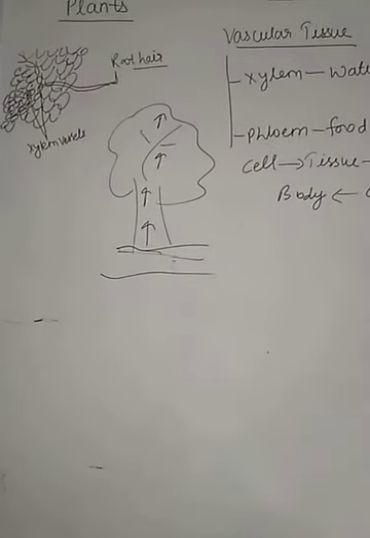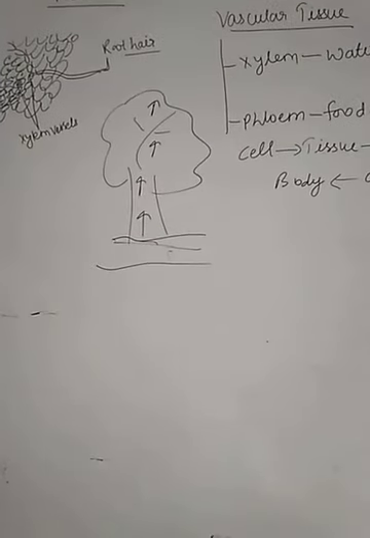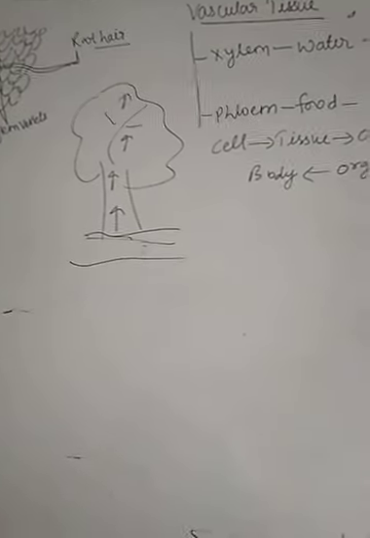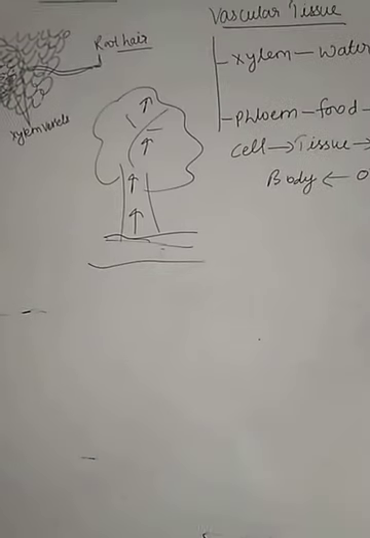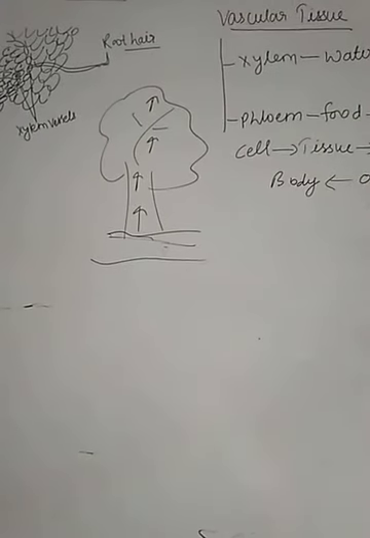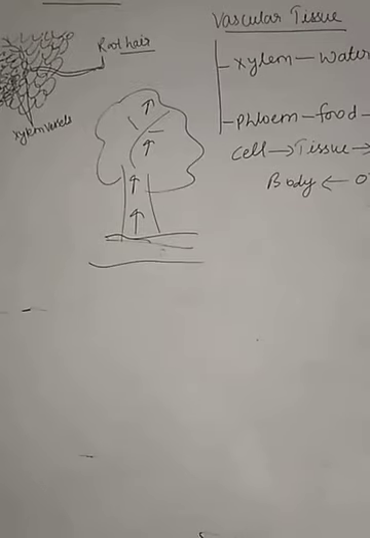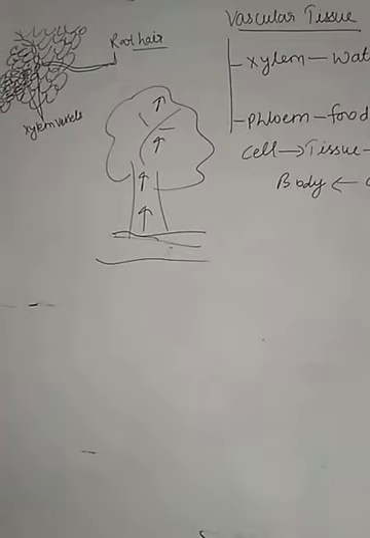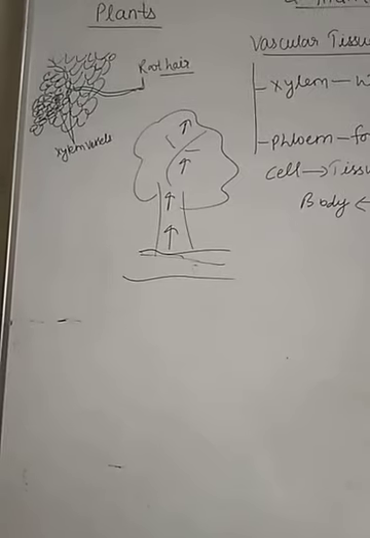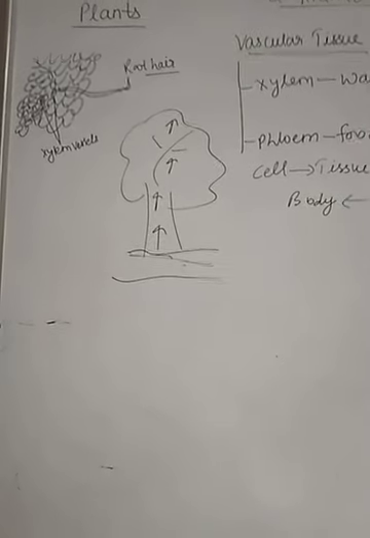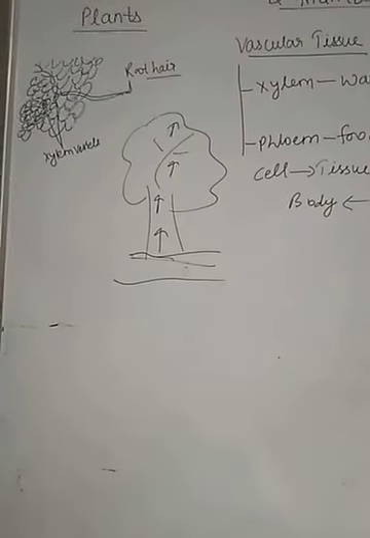Children, the water, minerals and nutrients absorbed by the plant's roots from the soil are not all utilized by the plant. The water evaporates through the stomata present on the leaves by the process of transpiration. As we sweat, losing water from our body in the form of sweat, like that the plant also loses water by the process of transpiration.